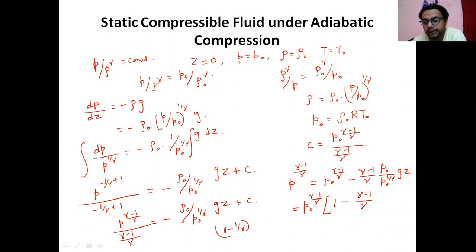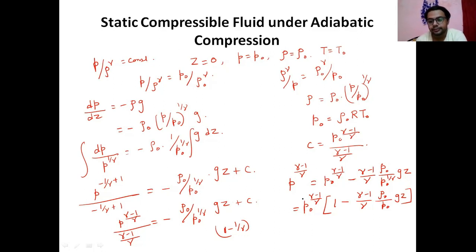Already P0 to the power minus gamma is there, so up and down, if you multiply by P, you will get rho 0 by P0. You are just taking the common factor from here, nothing else.